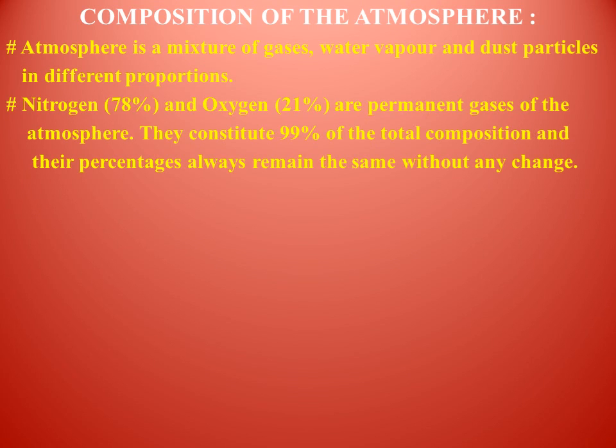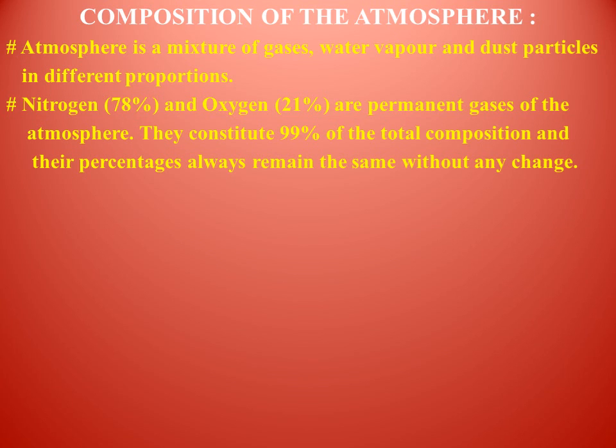Nitrogen 78% and oxygen 21% are permanent gases of the atmosphere. They constitute 99% of the total composition, and their percentages always remain the same without any change.